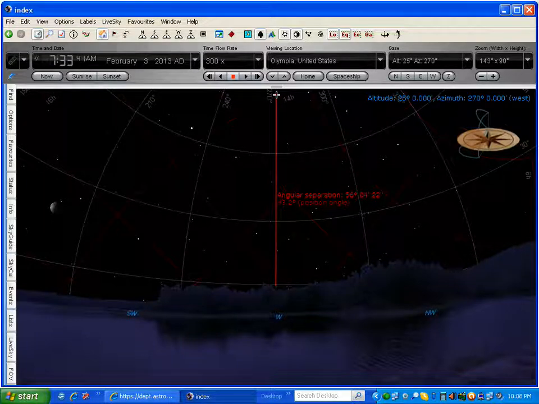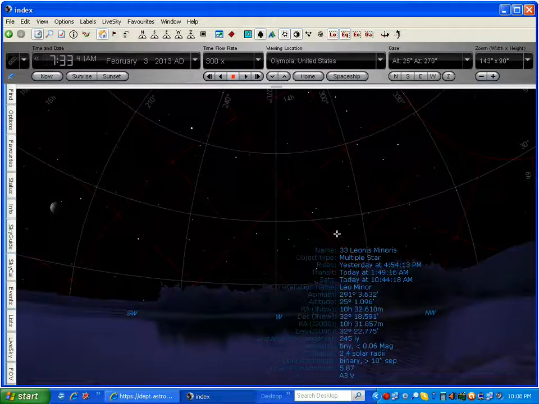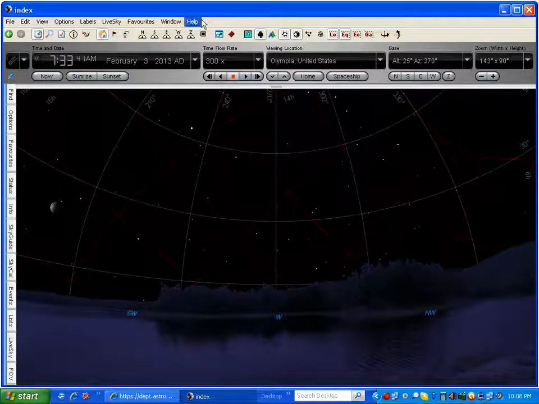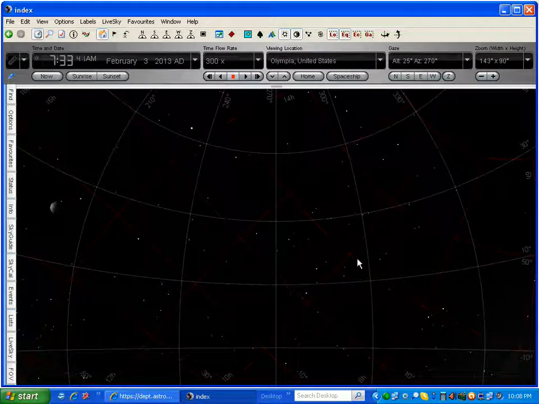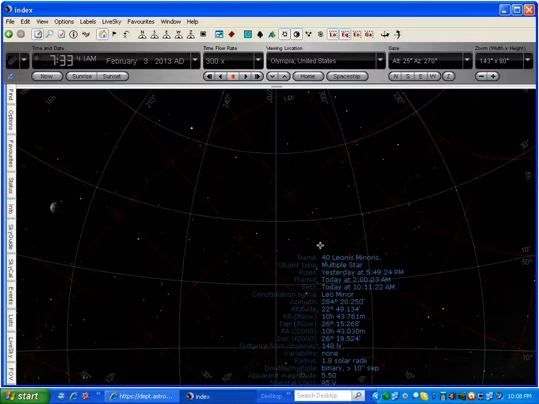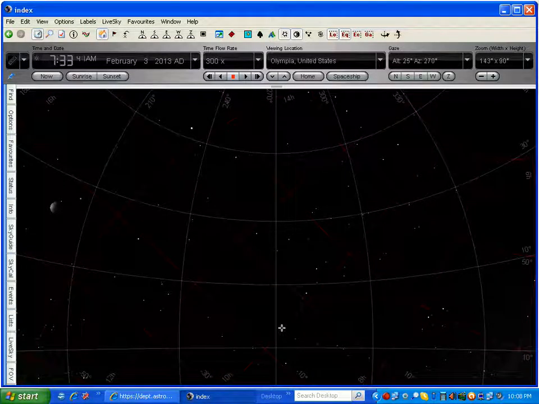And what you're actually measuring is the angle between the two coordinate systems. Here, let me get rid of the horizon, and maybe we can see a little better. So this angle down here would be a good one.